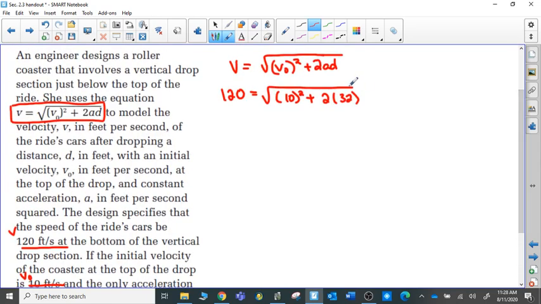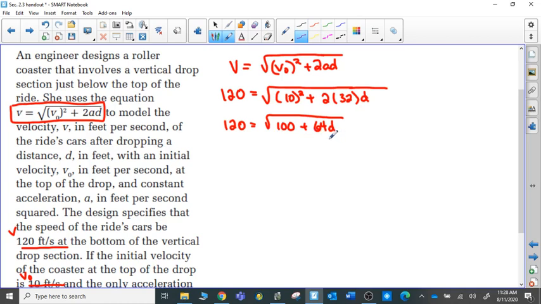So when you take a look at what we have when we substitute in all of our numbers, yes, we have a radical equation. I'm just going to simplify it a little bit here before we get started. The 100 from squaring the 10, multiplying, we end up with 100 plus 64d in the radical. So again, those steps that we talked about before, isolating the radical is already done for us.